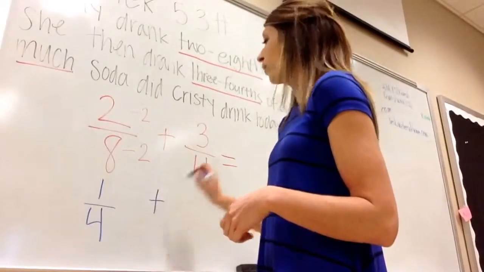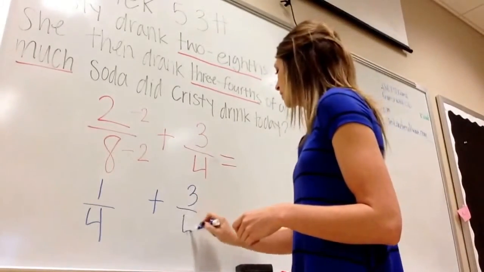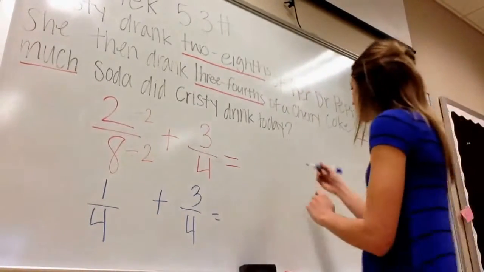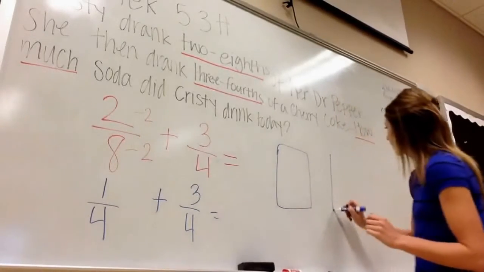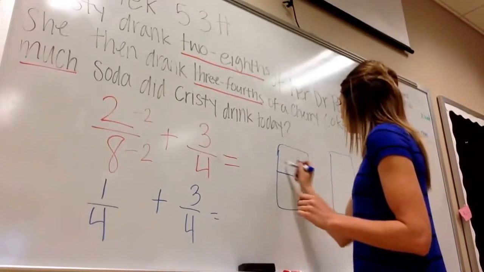We know that 3/4 cannot be reduced. Let's just bring that 3/4 down, and we're going to use the area model. So we're working with fourths. I'm going to draw one area model out, and the second one out.